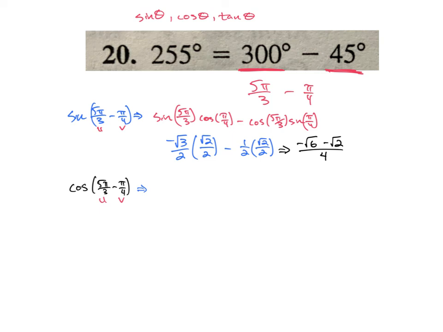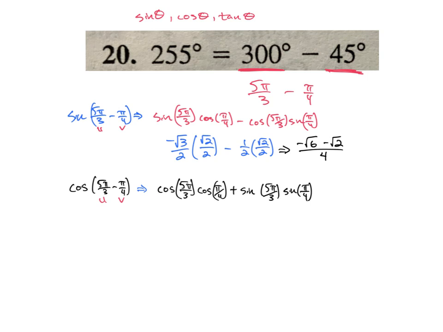So now I end up having cosine of 5 pi over 3, and then cosine of pi over 4, and then plus, and then sine of pi over 4. Okay, you guys just see how we're using the reference sheet?